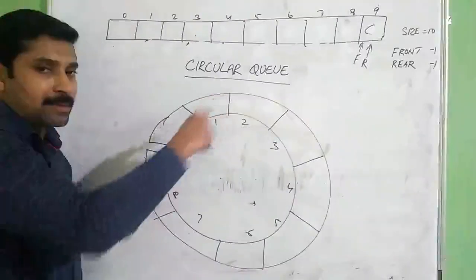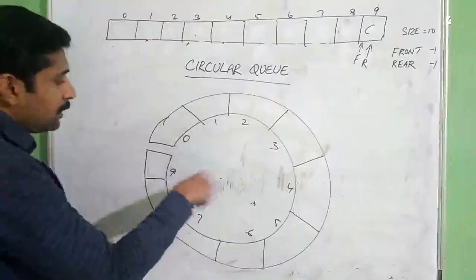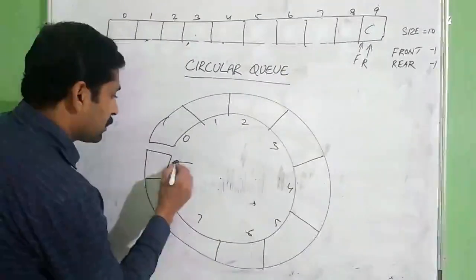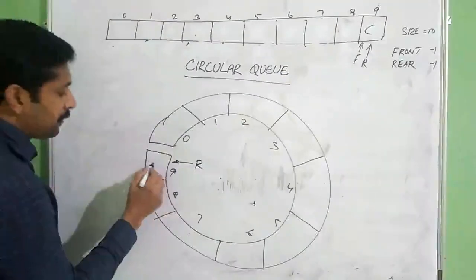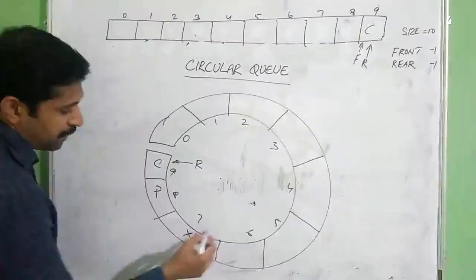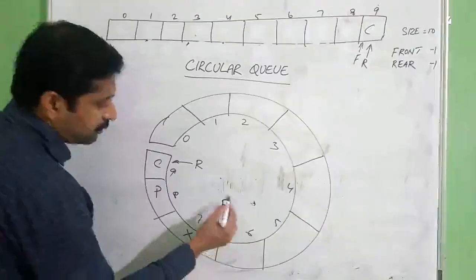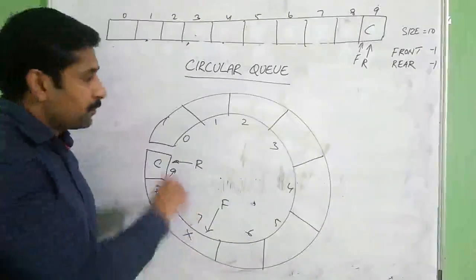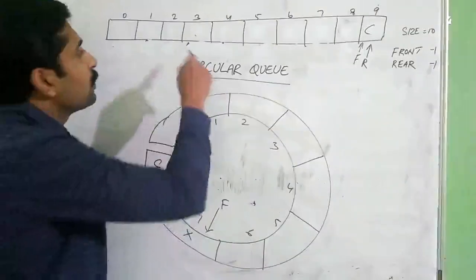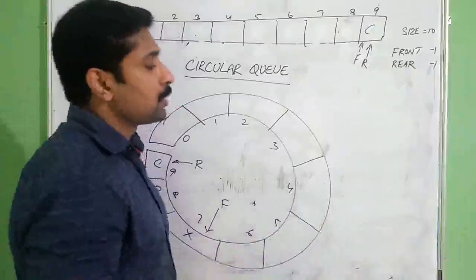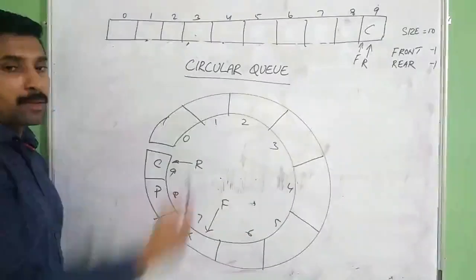Logically we are connecting this. Now suppose this is the rear and we have C here, P, X here, and this is front. A queue which has the two ends of a linear queue connected together is a circular queue.